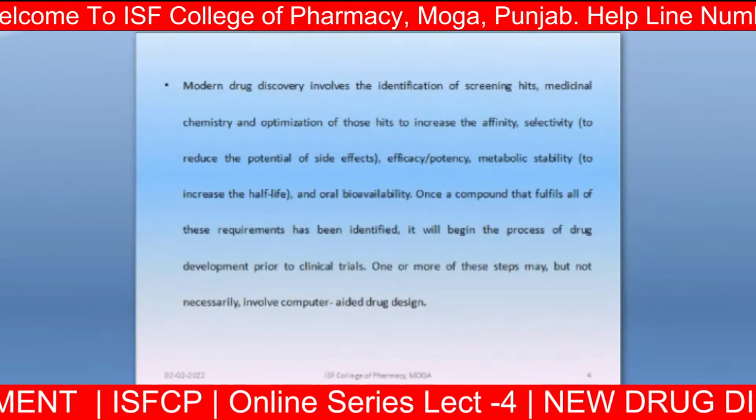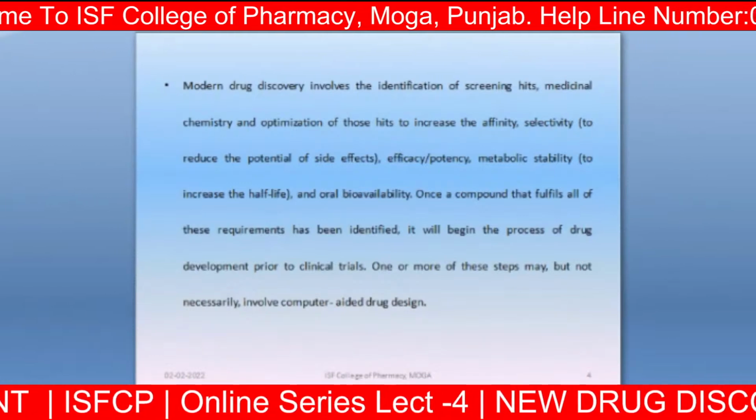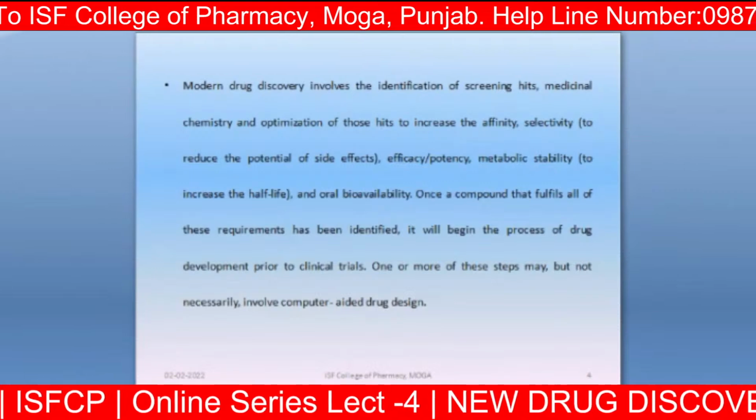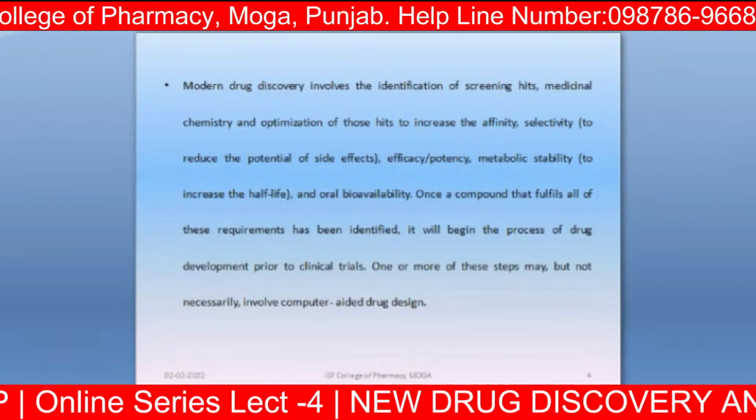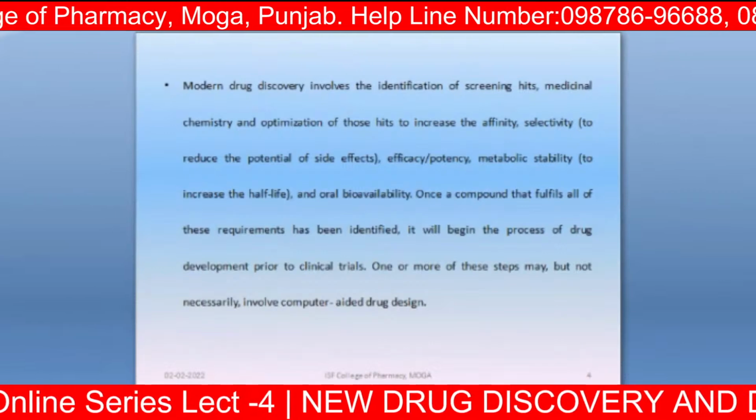I just want to clarify that formulation plays a different role. It depends upon the disease and the situation.